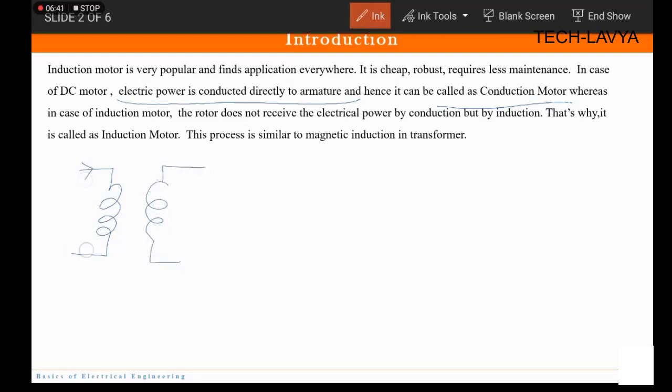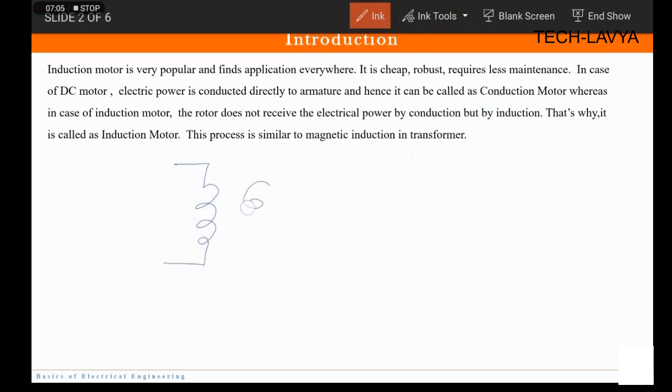So when the current flows through this coil, flux is produced, correct? A magnetic field is produced. When this magnetic field interacts with this coil, automatically a magnetic field is produced here also, right? Correct? So we have one coil and another coil. These are not connected to each other.